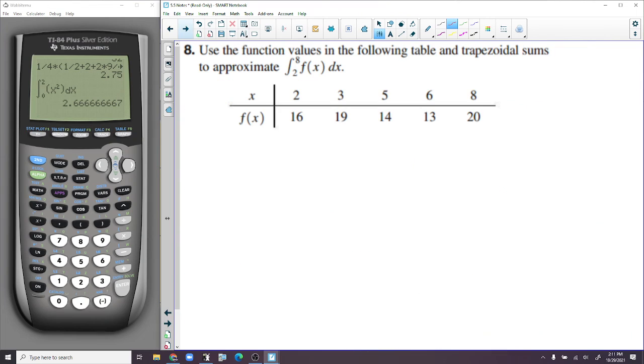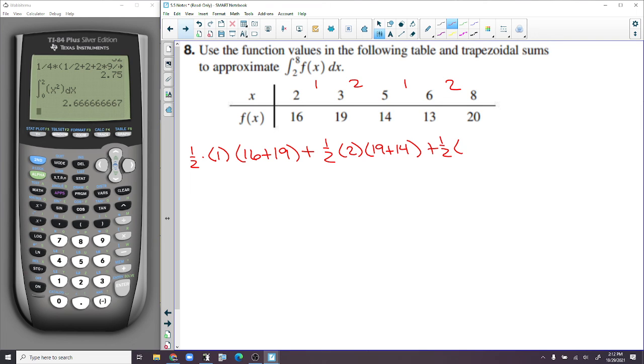All right, last one. Now we're bouncing back and forth between problems where we can do the method and problems where we can't, because the heights aren't going to be the same. This is a height of 1, 2, 1, and 2. There's a pattern for sure, but it needs to be the same. So we're going to go 1/2 times the height between 2 and 3, which is 1, and then we have 16 plus 19, then 1/2 of 2 and 19 plus 14.